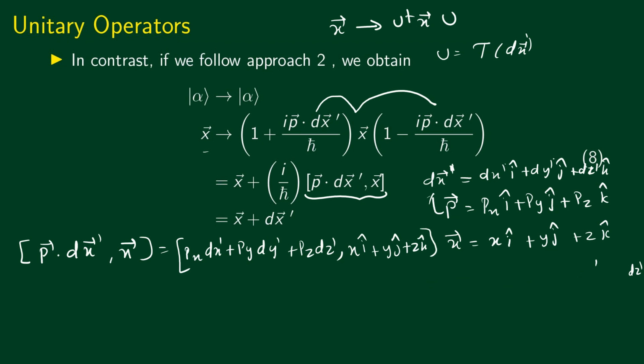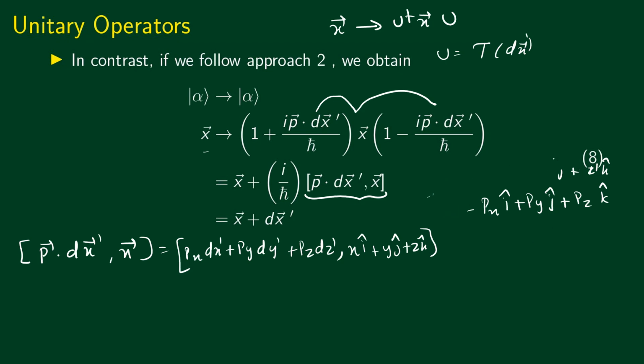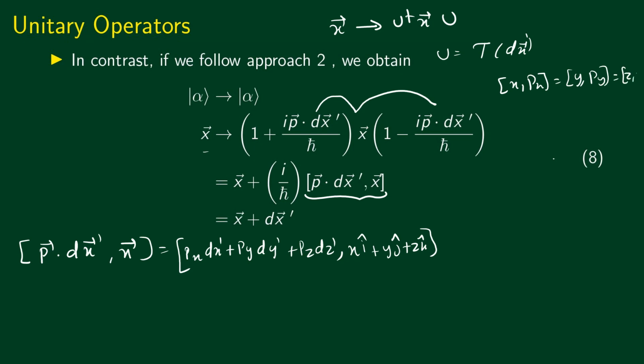Now, this is a fundamental commutator; you have to remember its value. You know that the commutator of x with px is iħ. This is also equal to the commutator of y with py, which is equal to the commutator of z with pz, and all this is equal to iħ.